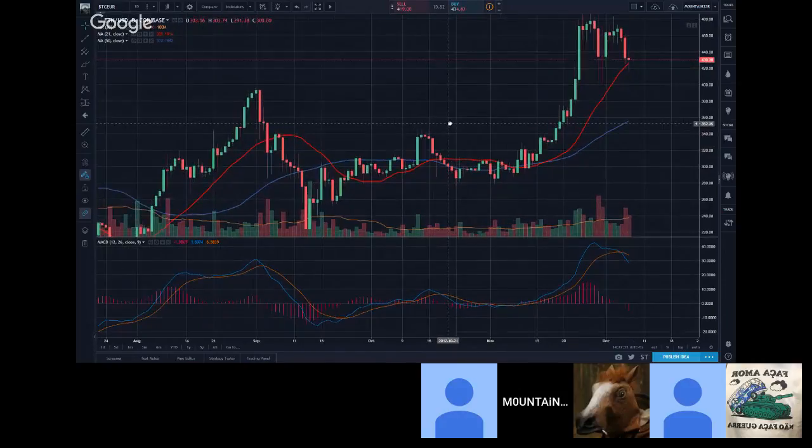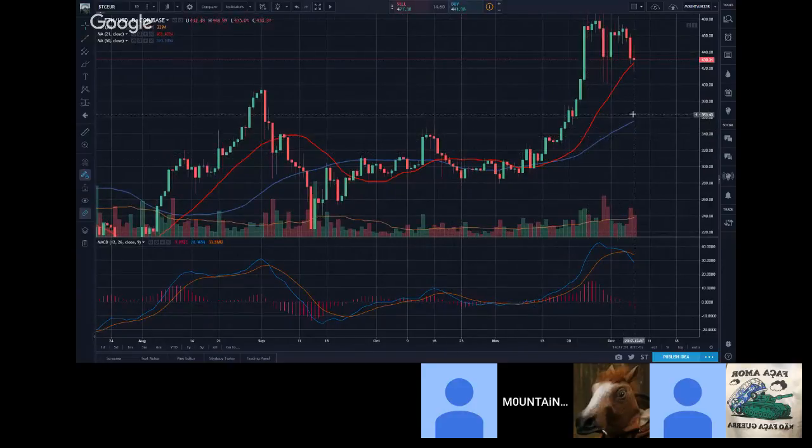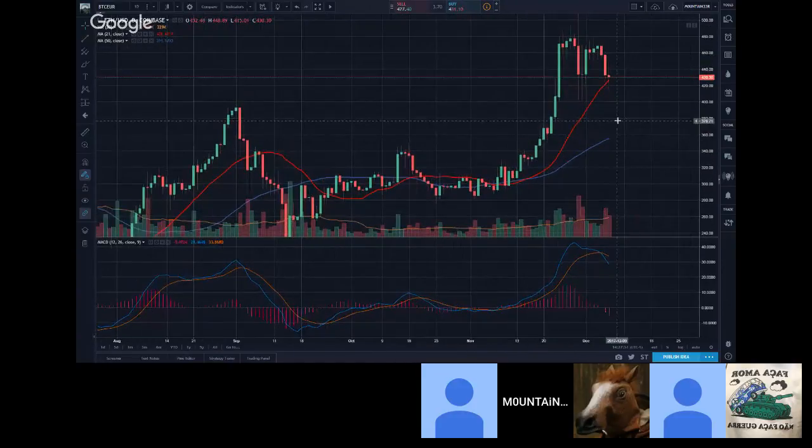So moving averages are fantastic tools for you to start looking at buy points. They're going to act like support and resistance, and they're also going to act like potential sell points.